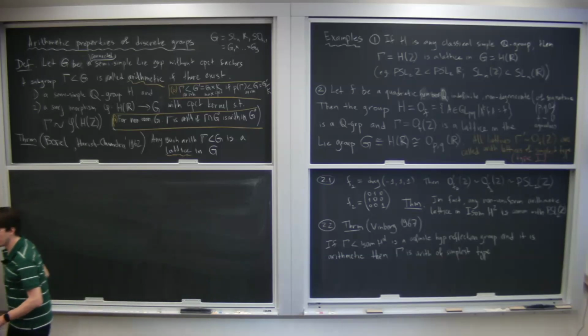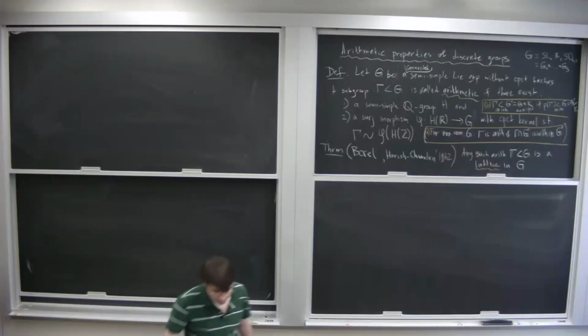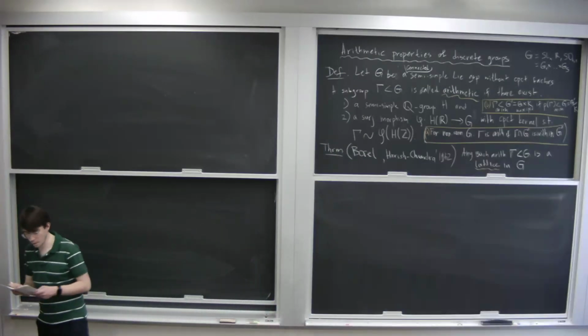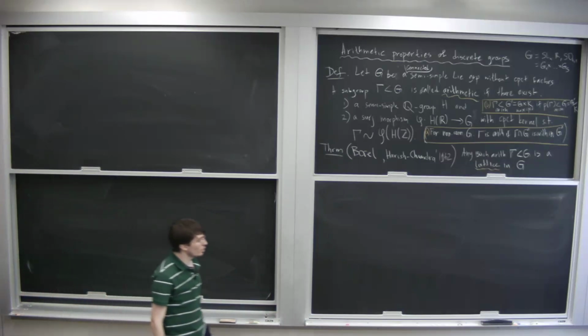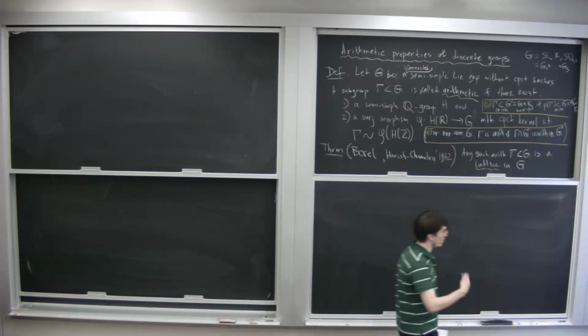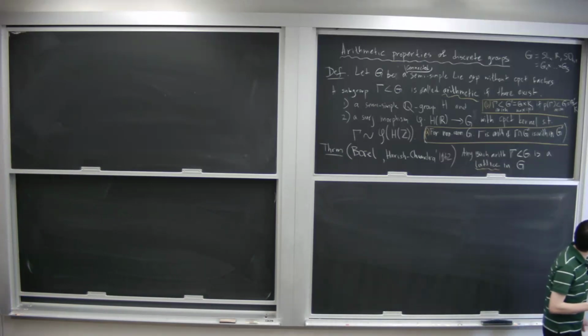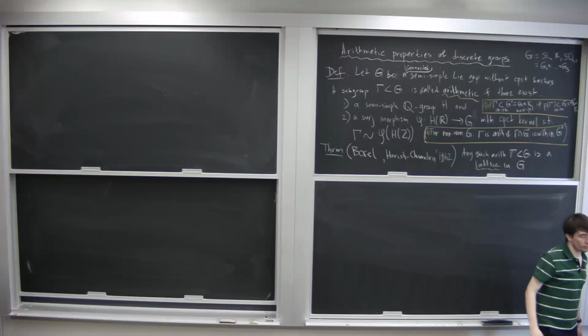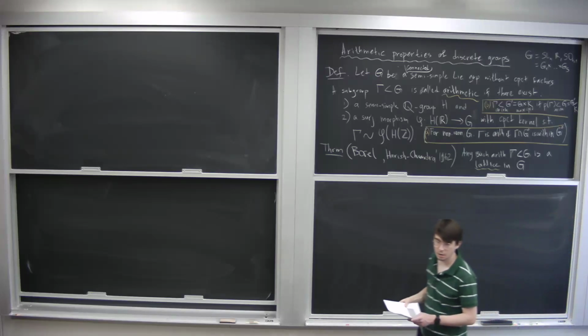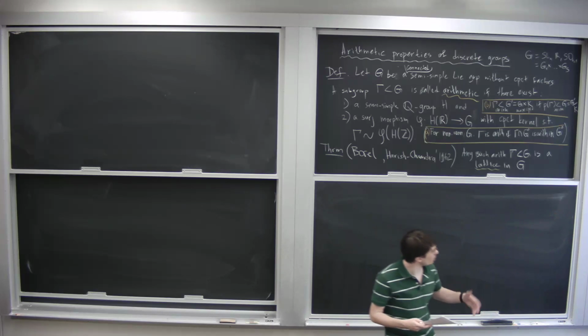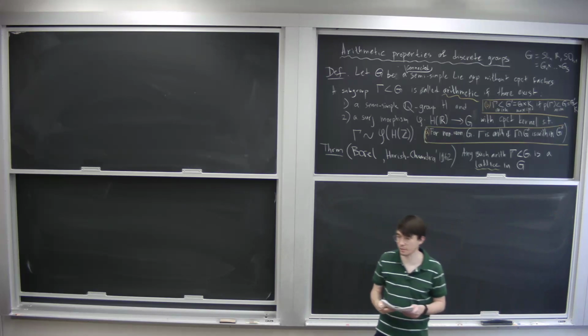Yeah, let me move to the left. Great. So now I want to say the following. In fact, arithmeticity may appear using not only the field of rational numbers, it may appear via other algebraic number fields.